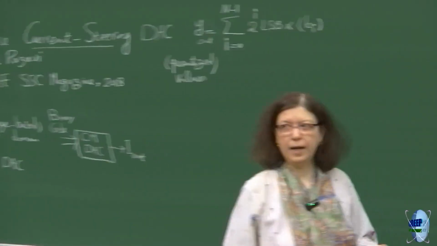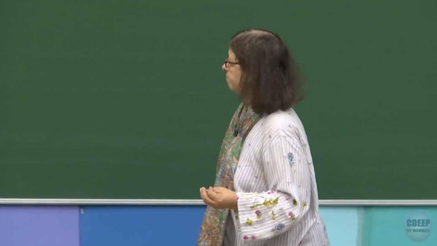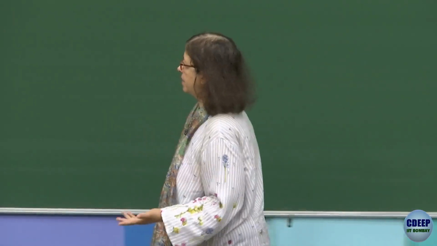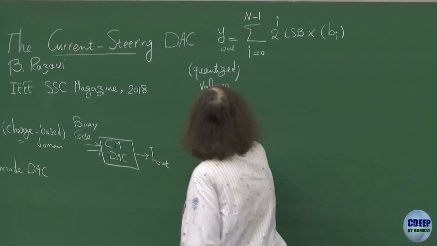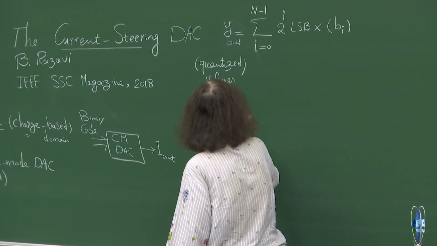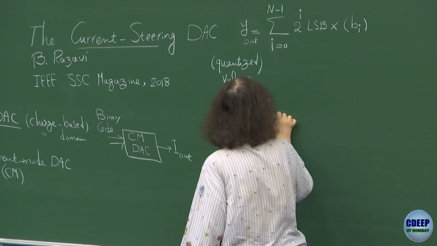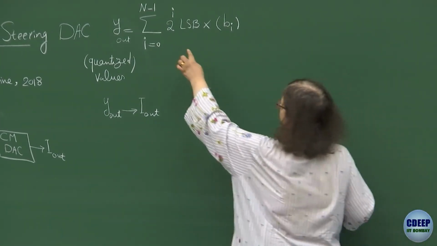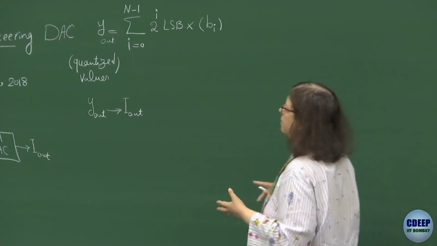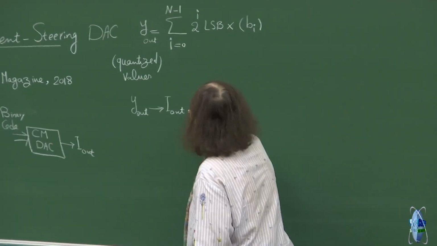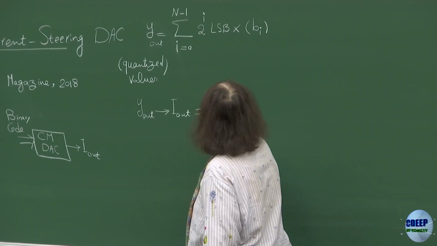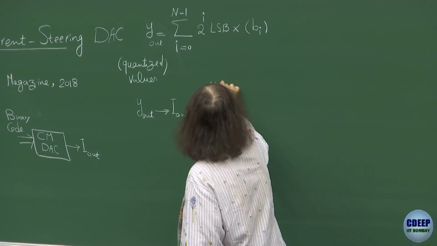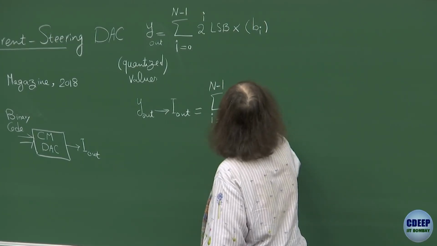In the case of current mode, the output actually becomes a current. Therefore, Y out becomes I out. That means that each one of these 2 to the power i LSB terms could itself be a current. Therefore, I can write it in the form of a summation of currents.